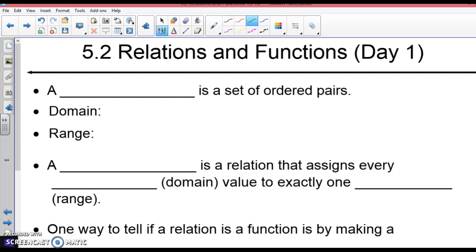All right, today's lesson is 5.2. We're talking about relations and functions. We did talk about this yesterday a little bit. So, a relation is any set of ordered pairs.